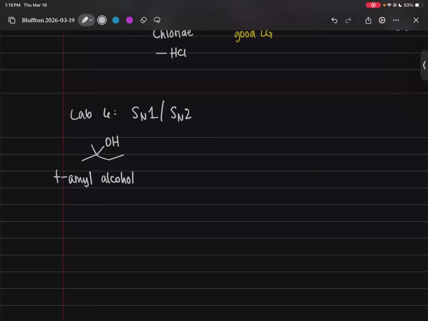We treat it with sodium bromide and sulfuric acid. You put the sodium bromide in with the alcohol and then drop the sulfuric acid in through the condenser.